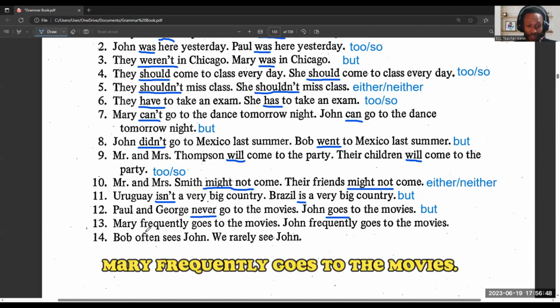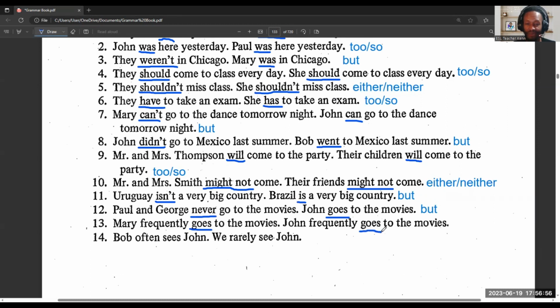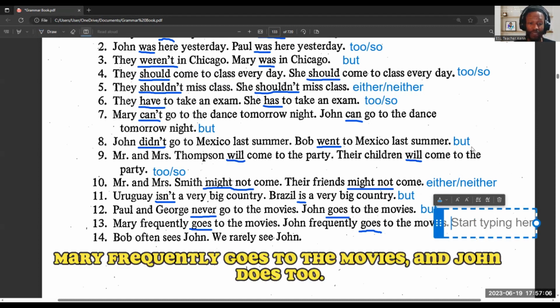Mary frequently goes to the movies. John frequently goes to the movies. Mary frequently goes to the movies, and John does too.